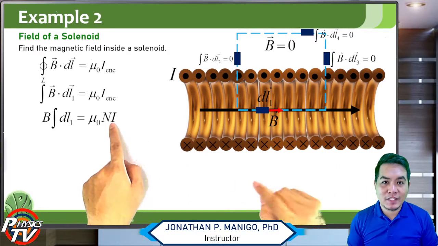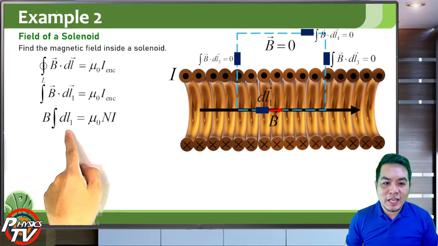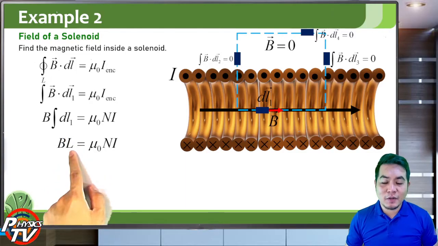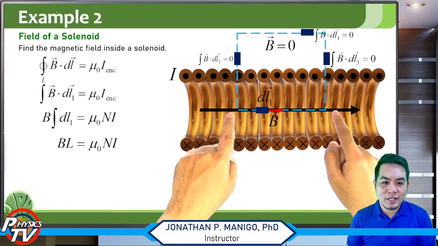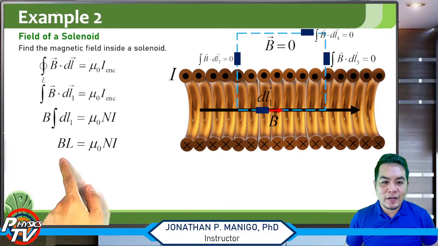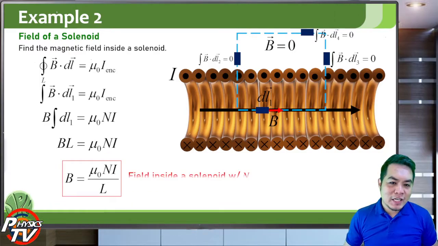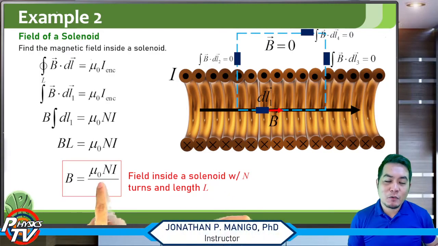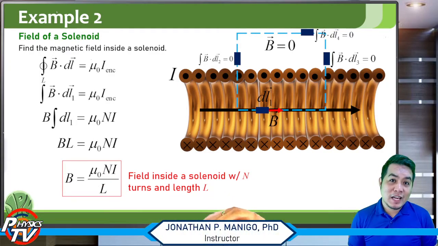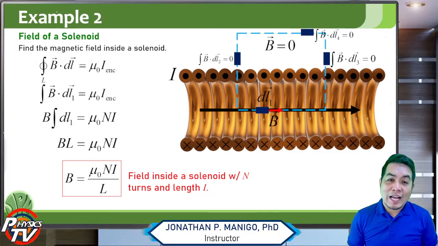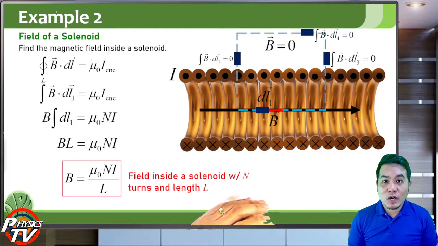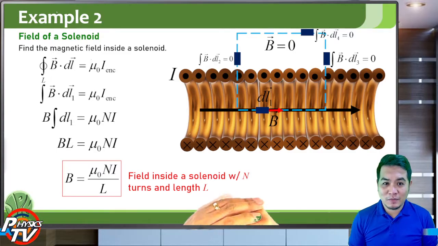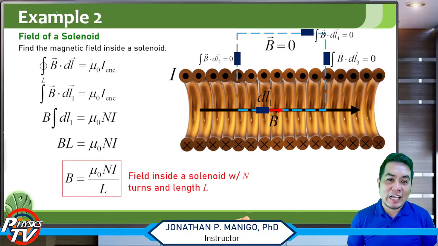So dl here is just the length of your segment, L. So mu naught N I, divide both sides by L, and you will get the magnetic field of a solenoid with N turns and length L, which is exactly what we used in the previous lesson, where again we emphasized that this was originally derived using the Biot-Savart law. But we have rederived this using the concept of Ampere's law.